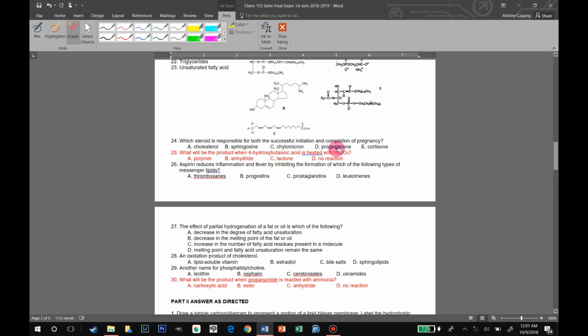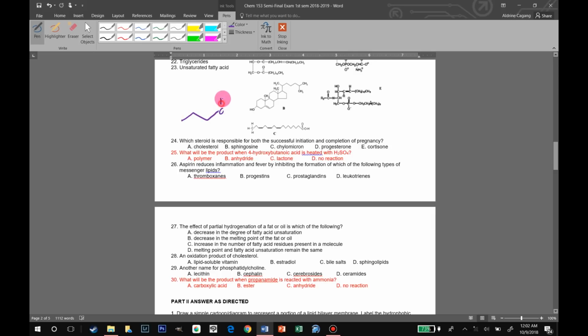Number 25, what will be the product when 4-hydroxybutanoic acid is heated with H2SO4 or sulfuric acid? So you're given there a name. For this answer, you are expected to draw the structure to get a hint as to what reaction will occur. 4-hydroxybutanoic acid has 4 carbon atoms, 1, 2, 3, 4.